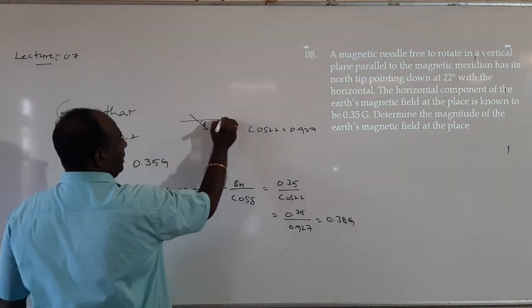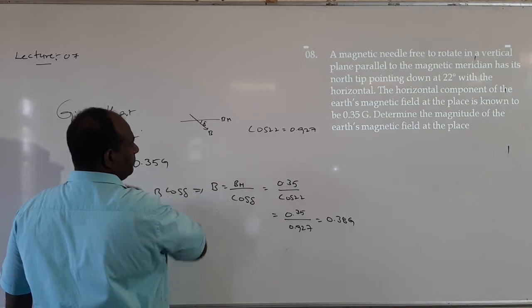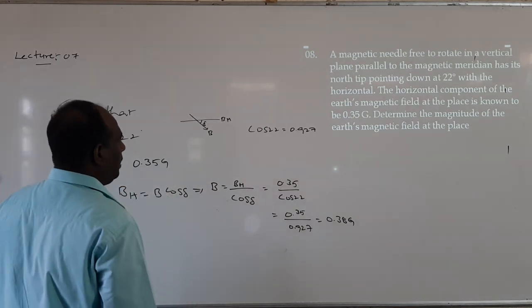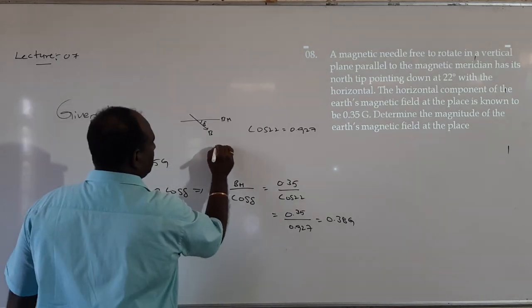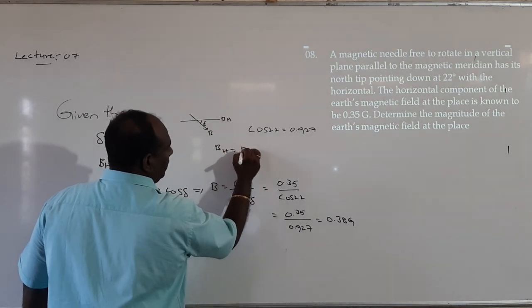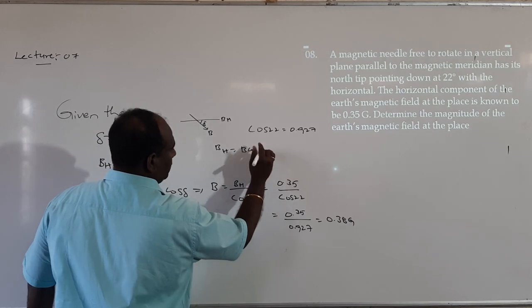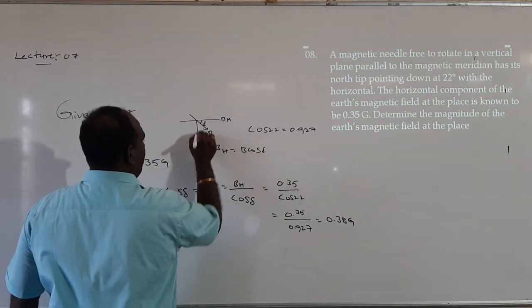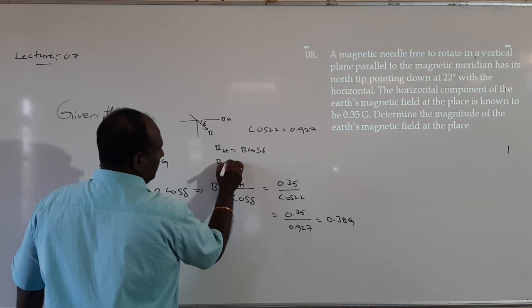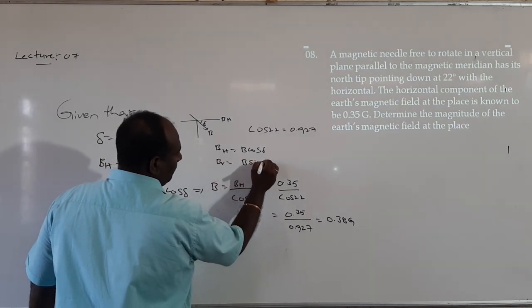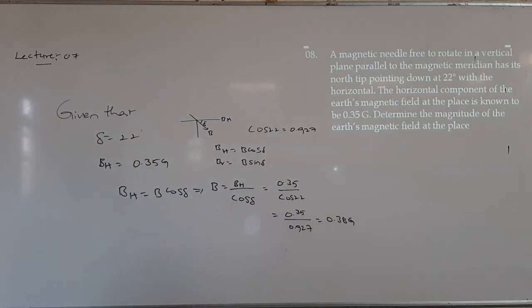This is the horizontal component, this is B H. This is B. Take the horizontal component. You will get B H is equal to B cos delta. So this is the answer for the given question.